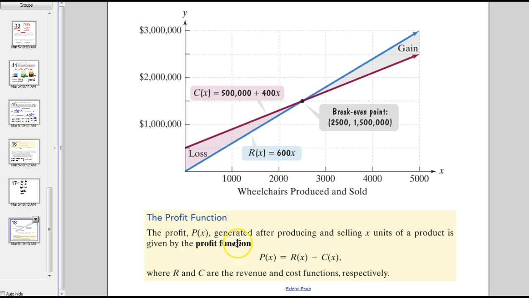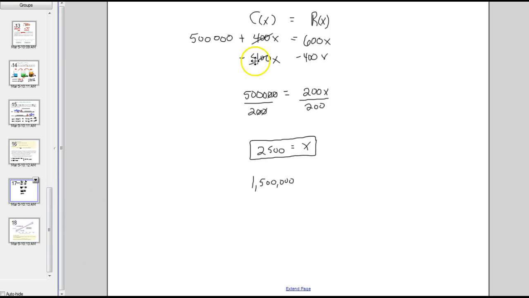So the profit function is always going to be revenue minus cost, and if you look in your work, you always have the profit function in there. So revenue, if I subtract the cost, it's just the opposite right here at this step. If I go this way instead of subtracting this way, I end up with revenue minus cost.